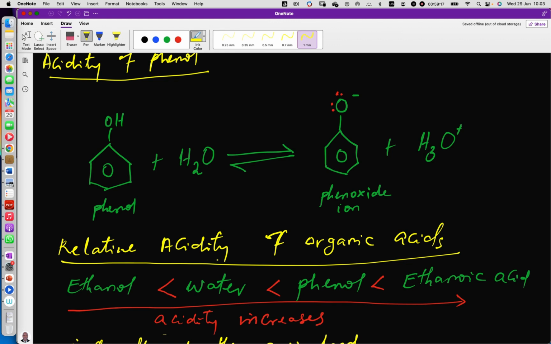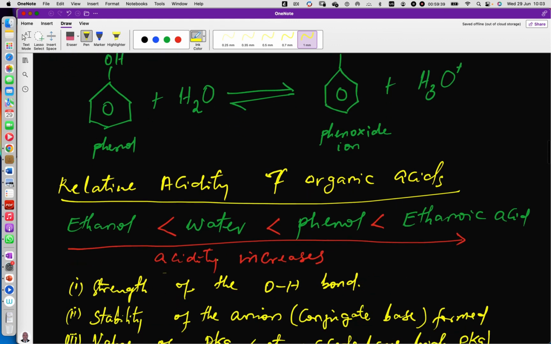For that reason, it decreases the attraction between the oxygen and the hydrogen of the phenol. And when this decreases the attraction in the OH group, what happens? The ease of losing the hydrogen ion is high, and when it loses the hydrogen ion, that gives phenol the ability to be acidic.